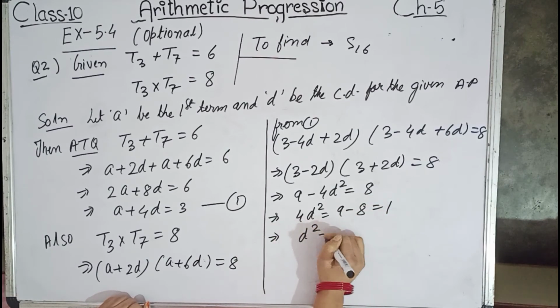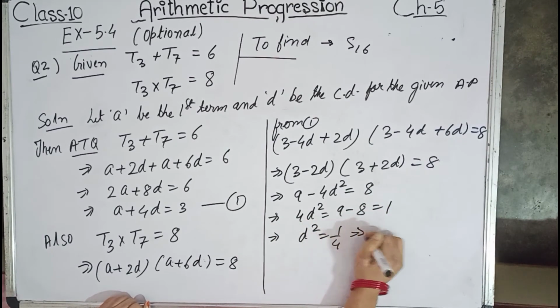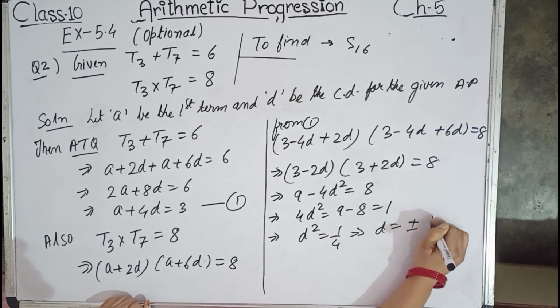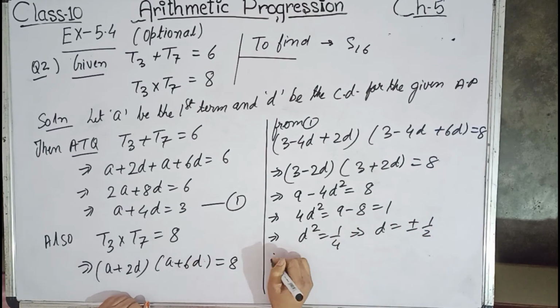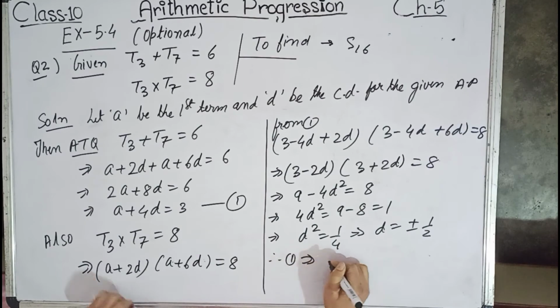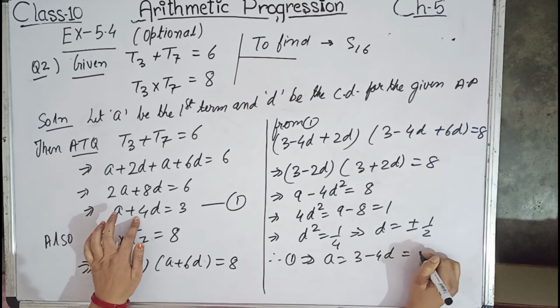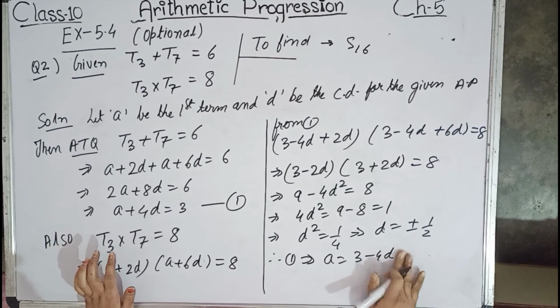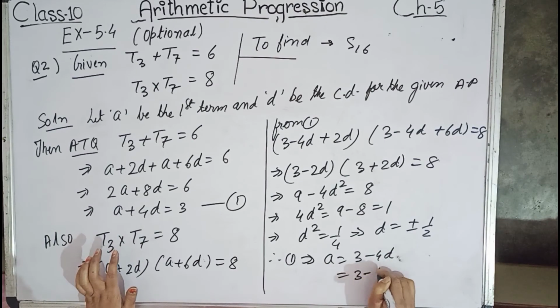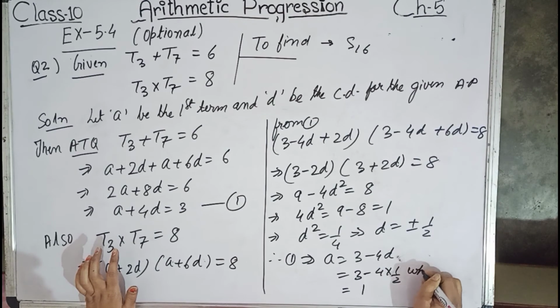This implies D square equals 1 by 4, implies D equals plus minus 1 by 2. Therefore, from 1, A equals 3 minus 4D equals 3 minus 4 into 1 by 2 equals 3 minus 2 equals 1, when D equals 1 by 2.